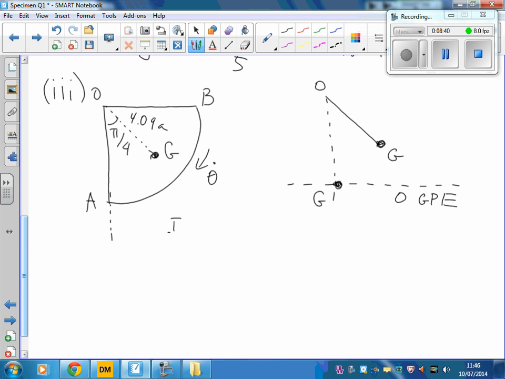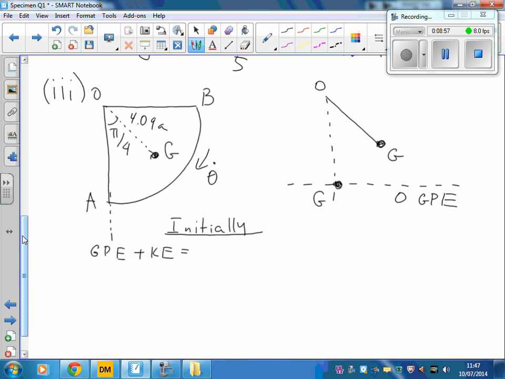So what do we have initially for the energy? It's gravitational potential energy plus kinetic energy, the total mechanical energy.